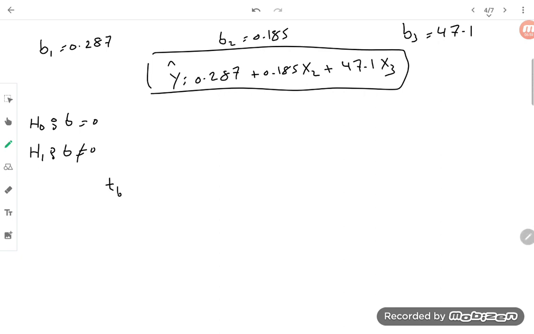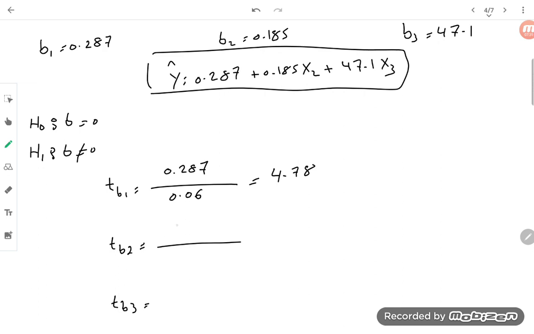The t ratio for b1 equals the estimated value of b divided by the standard error. So in this case, t will be 4.78. And we do the same for b2 and b3.